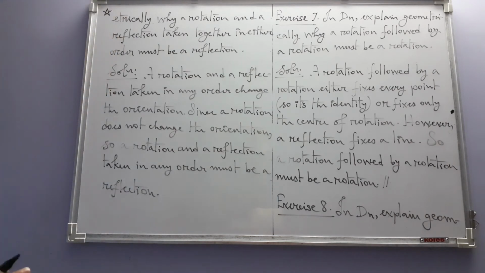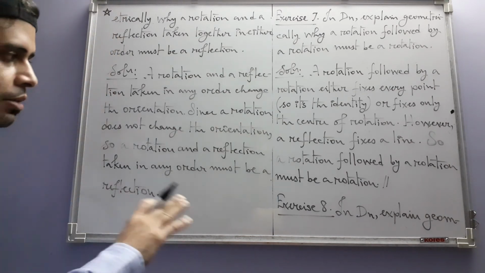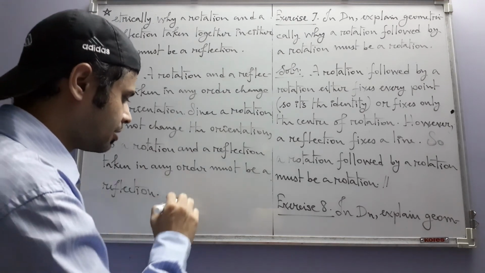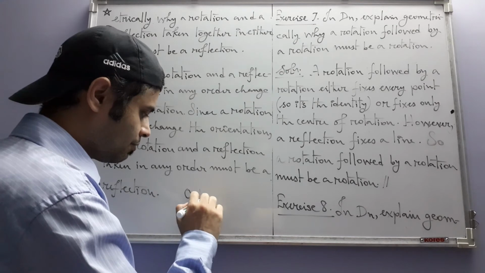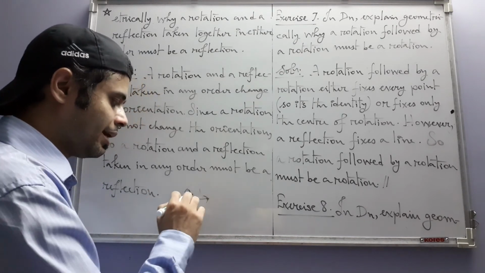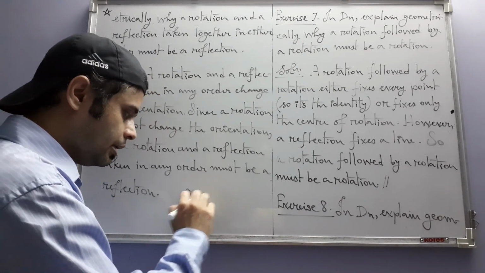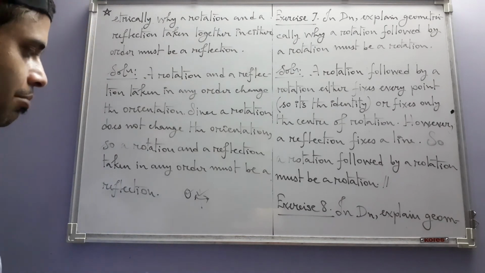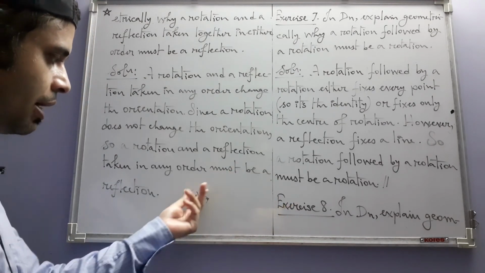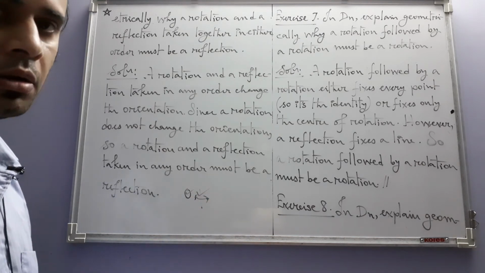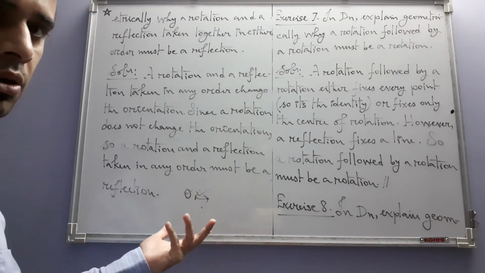In a particular case, a particular rotation and a particular reflection, what they will give us depends on what the individual operations are. But we can say in general what the type of the result will be, whether it will be a rotation or a reflection.